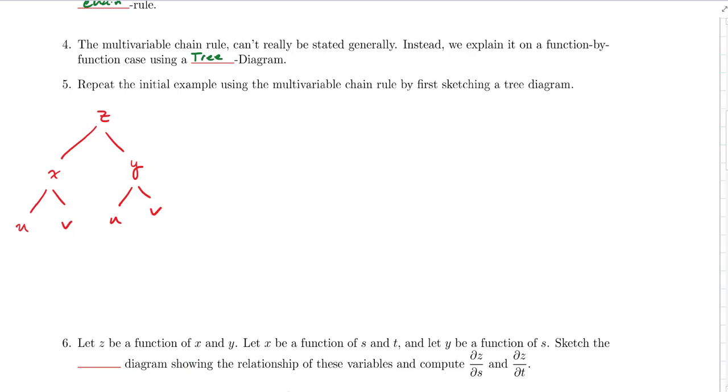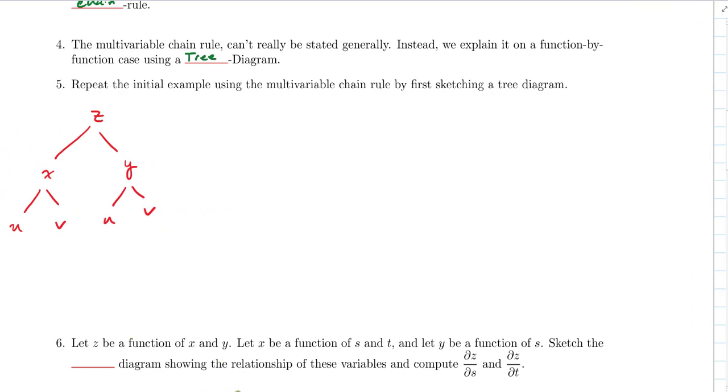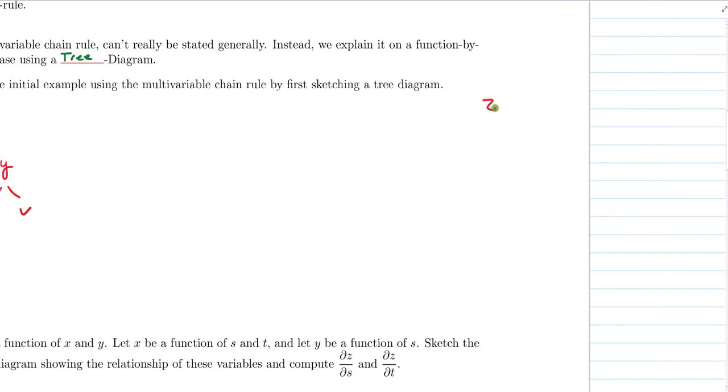Folks, really quickly, this is how I choose to draw my tree diagrams. Different books draw tree diagrams differently, so you might see a tree diagram drawn like this, x and y, and then down here we'd have u and v, and they might be drawn in more of a pyramid fashion. I find these diagrams a little bit cluttering and sometimes too difficult to draw if we have a whole lot of interaction.